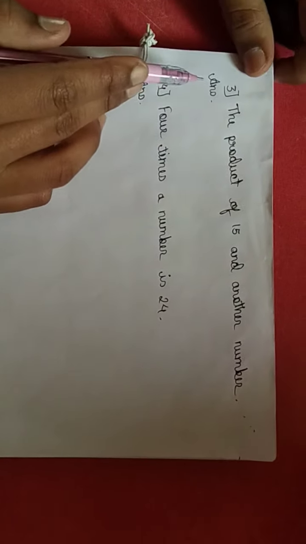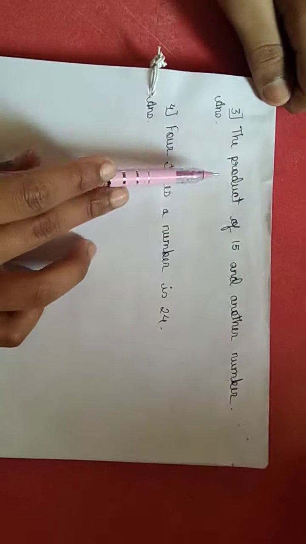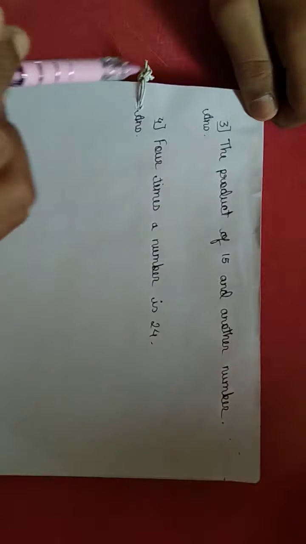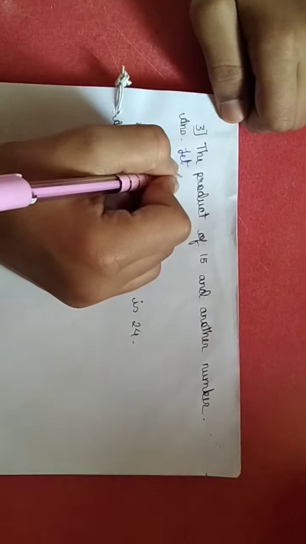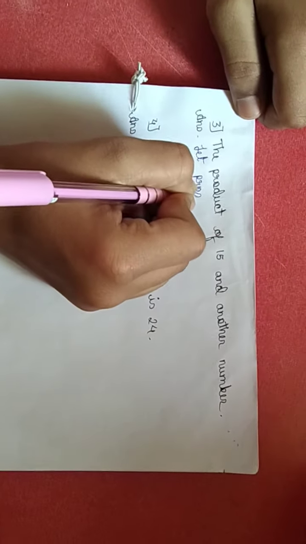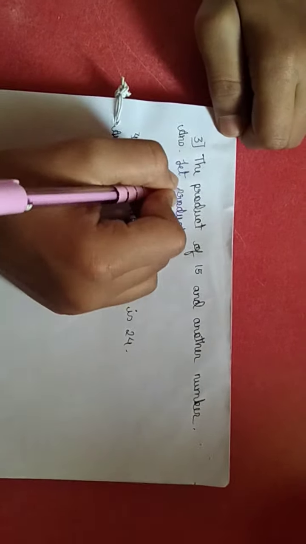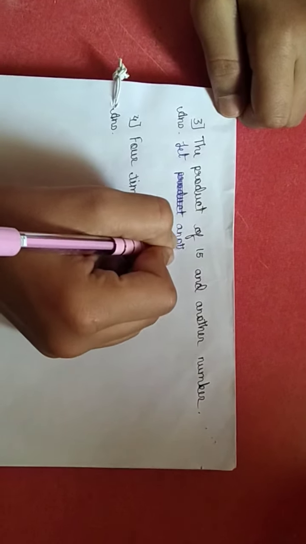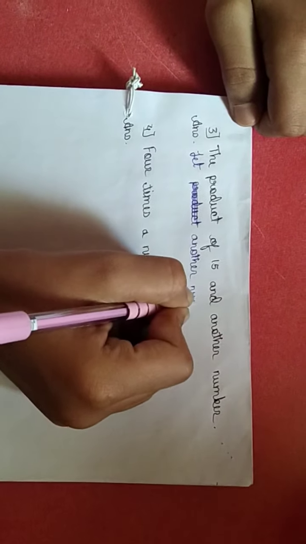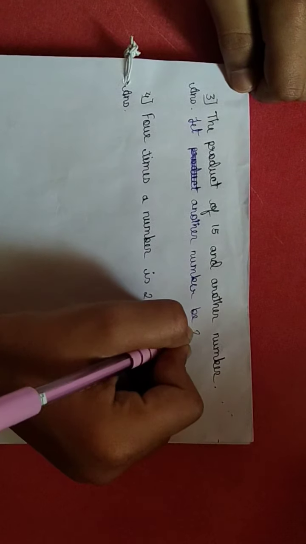So the third question, the product of 15 and another number. Product means multiplication. So let another number be x.